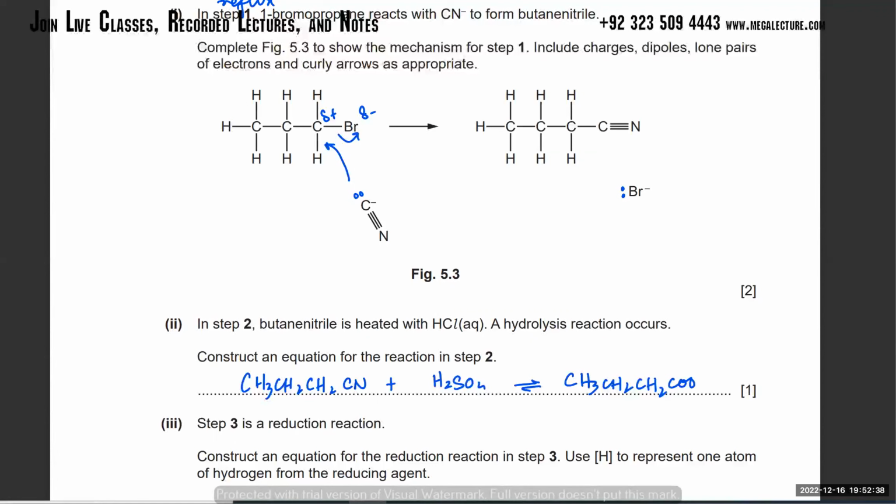And the N will turn into NH4 plus 1. SO4 here most likely is a spectator ion. So let's just write NH4 plus 1 in its place. और water भी add कर देते हैं. So he's asking for the balanced equation.